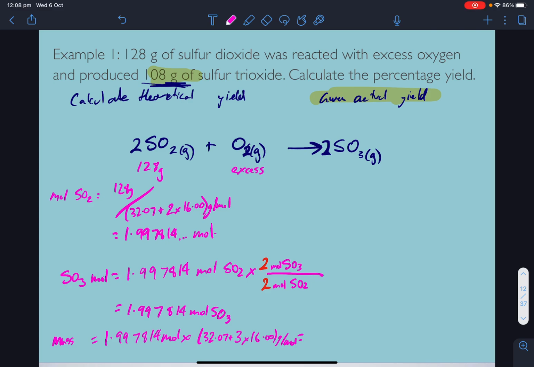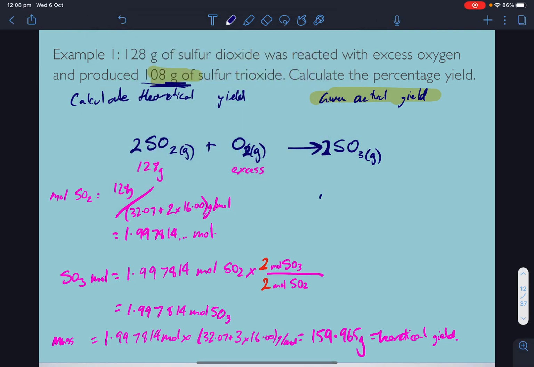I kept my number in my calculator, plus 3 times 16. It's going to give me a theoretical mass of 159.965 grams. So this equals the theoretical yield.